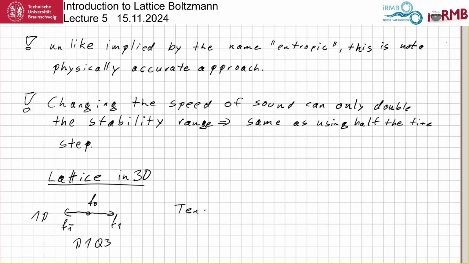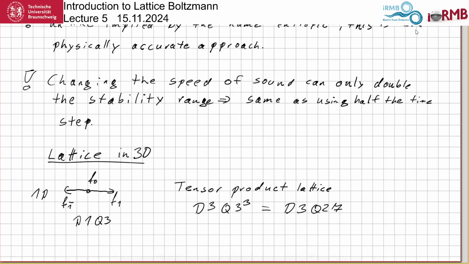One way to get to higher dimensions is to use a tensor product lattice, where we have D3, for example, Q3 to the power of 3, which we then call D3Q27.